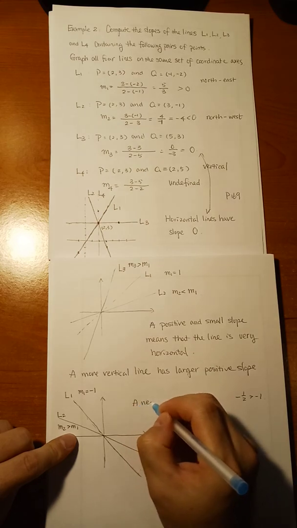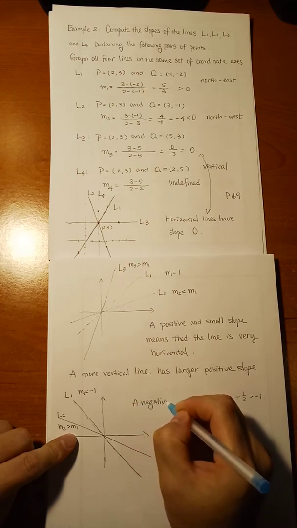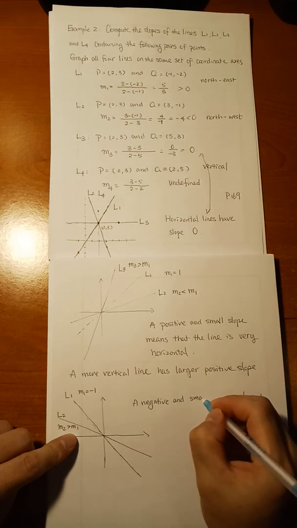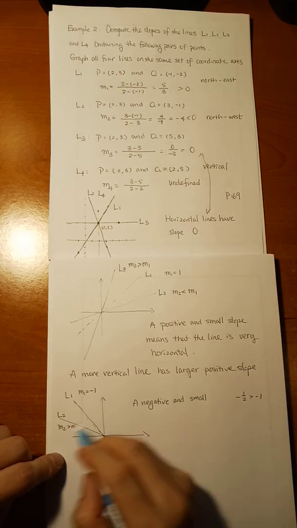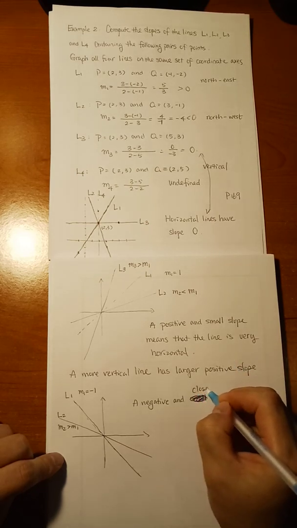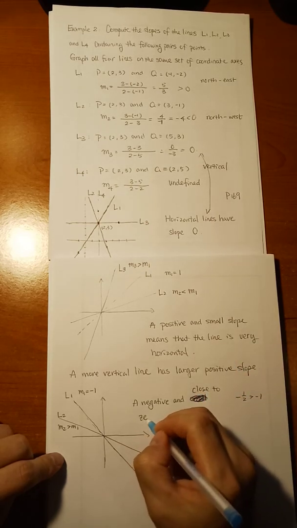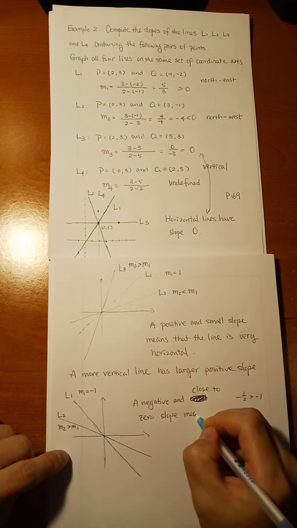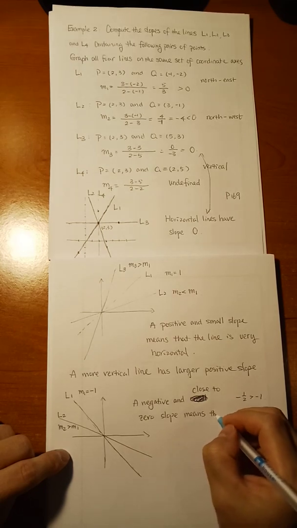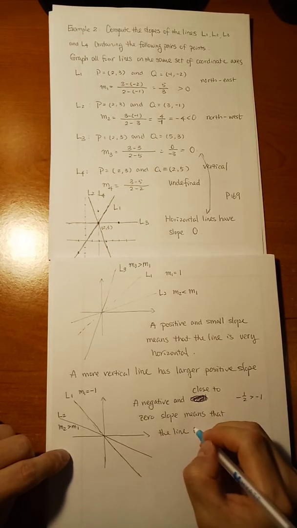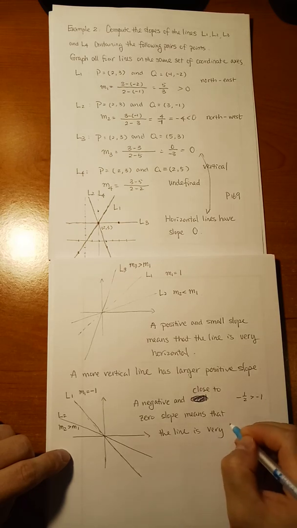A negative slope close to 0 means that the line is very horizontal.